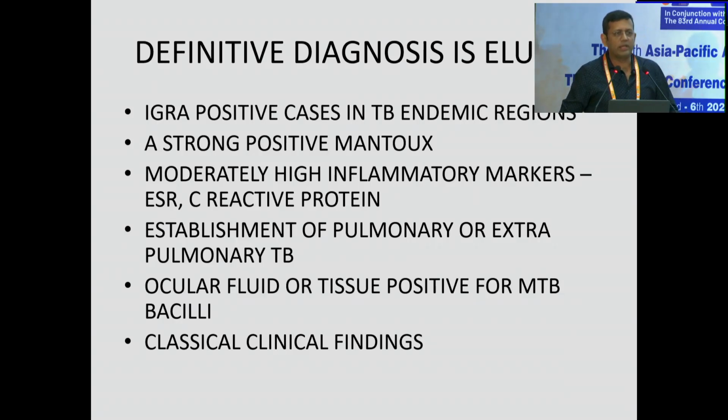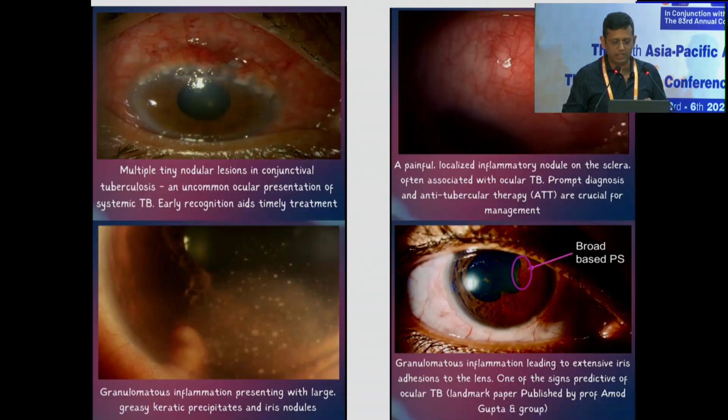But what drives most of us when we are treating patients with uveitis is the classical clinical findings that you see. I picked up these slides from one of the uveitis groups.